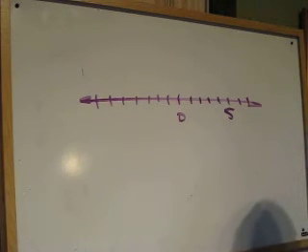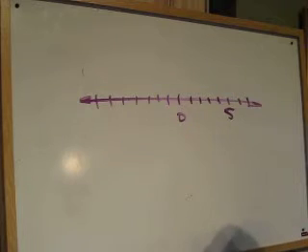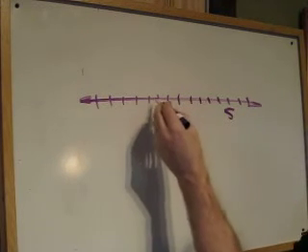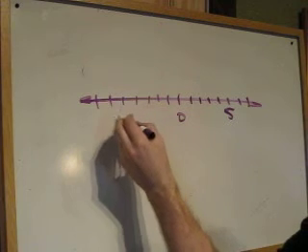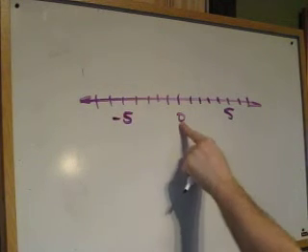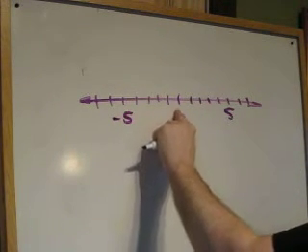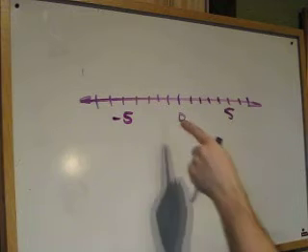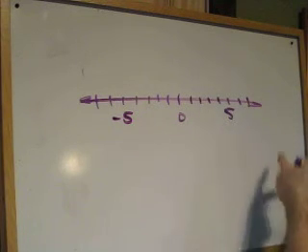We also have at the bottom of page 104 what is called absolute value. Sometimes we are only concerned with how far the number is from 0, and we're not really concerned with whether it's a negative number or a positive number.